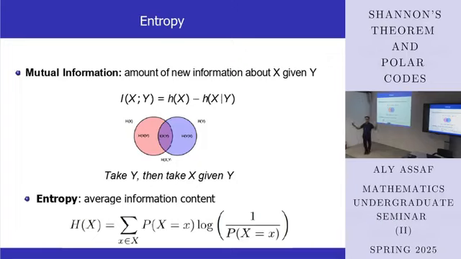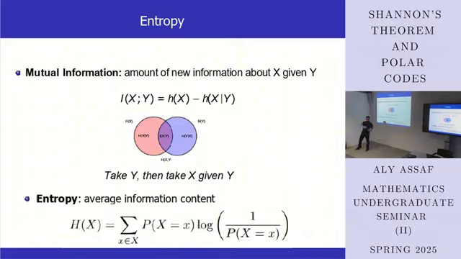Let's say these two random variables are dependent, not independent, right? That means if I observe X, I have some idea of what Y could be. So mutual information has this idea of the amount of new information we have about X given that we have Y. Right? Now let's say I have an input X, and I pass it to the channel, and I have an output Y. Okay?